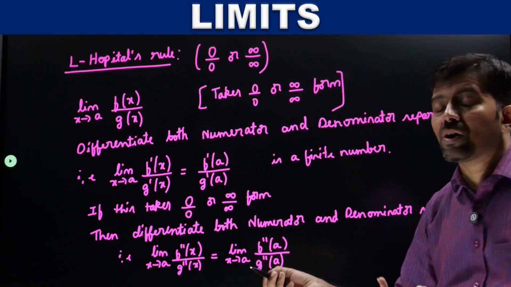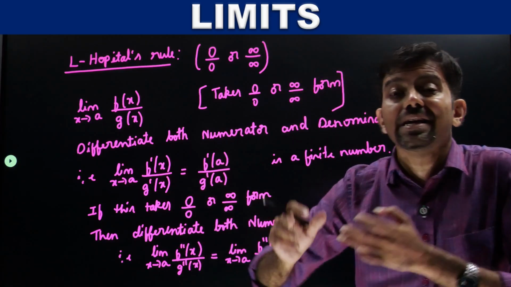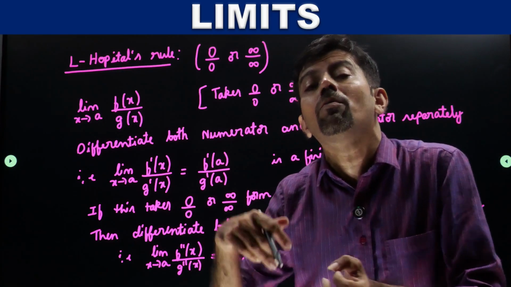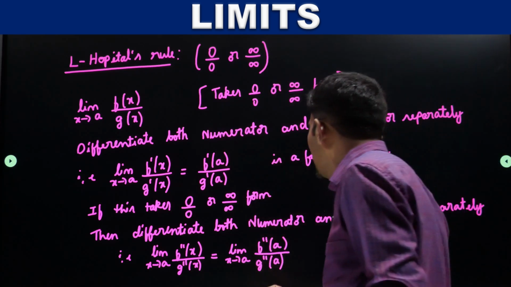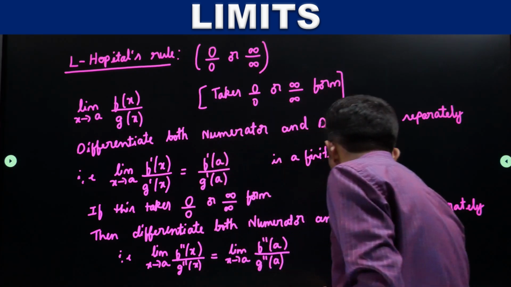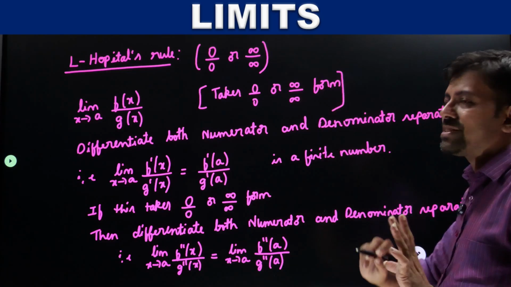Continue this process of differentiating numerator and denominator separately until that 0 by 0 form or infinity by infinity form is removed.